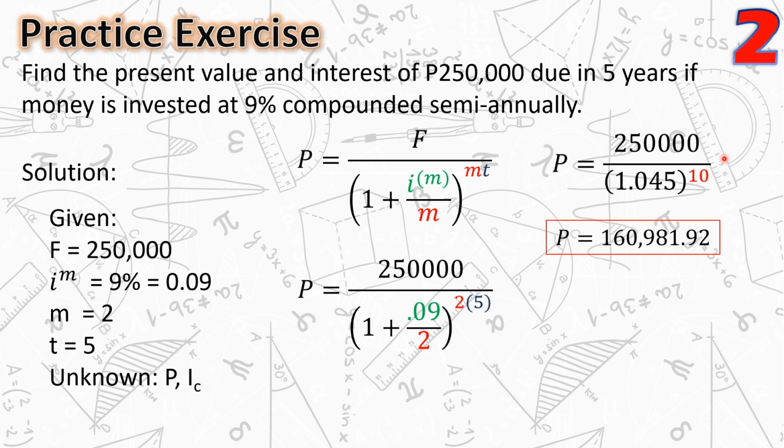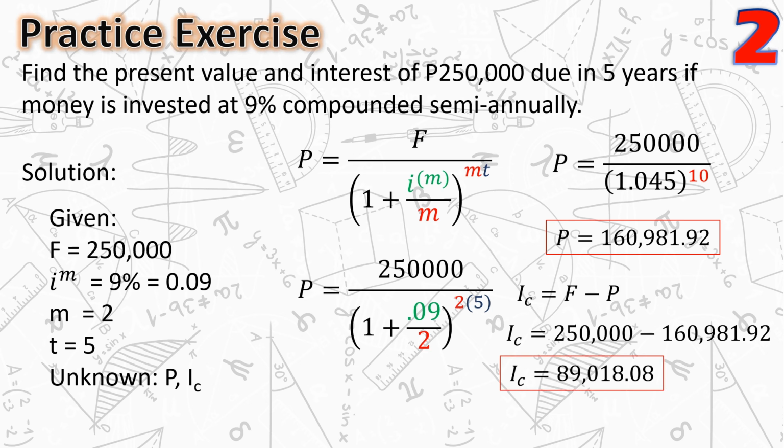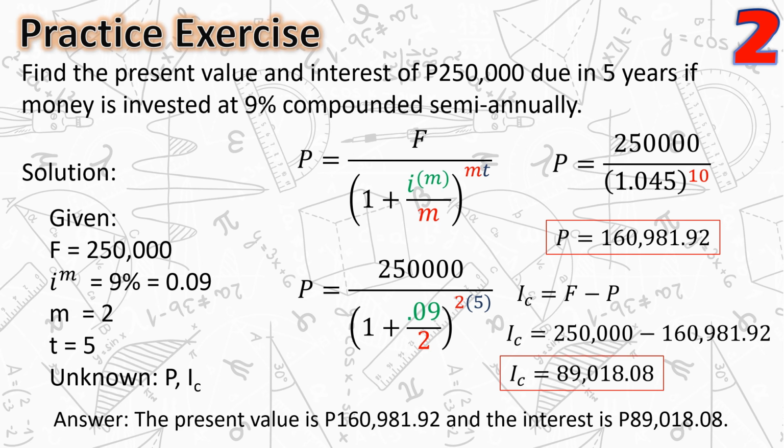Then that will be the principal, 160,981 pesos and 92 centavos. To solve for the compound interest, that will be 250,000 minus 160,981.92. So the compound interest is 89,018 pesos and 8 centavos.